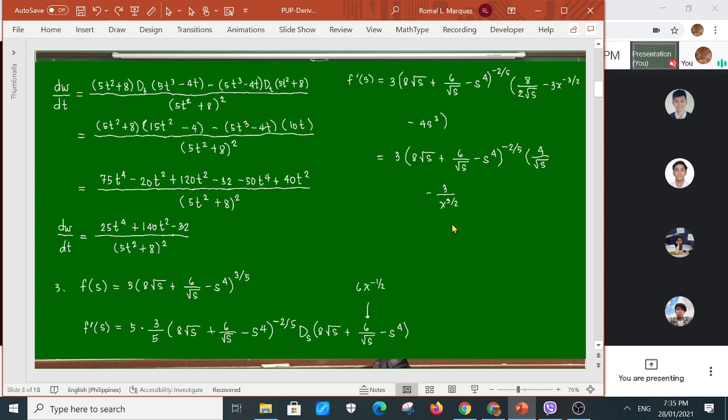And then finally, what's the last term, children? Inside, minus 4s cubed. Enclose. That's it. That's the derivative.